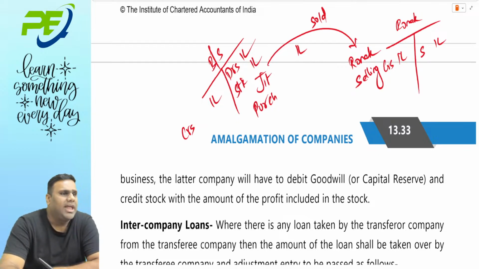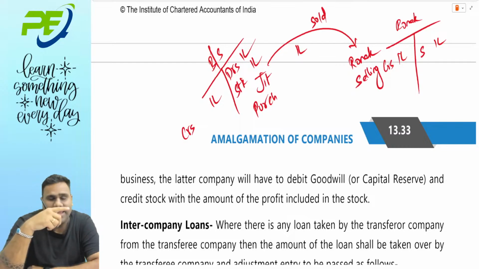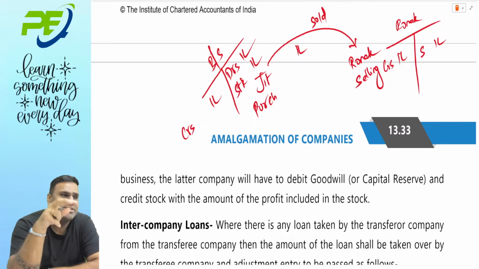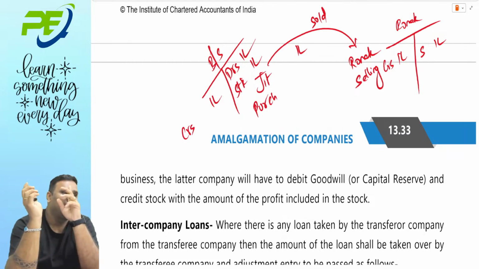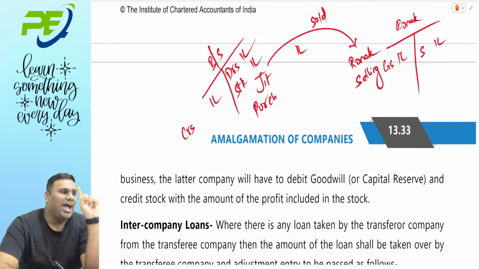Now, AS 14 is telling us these debtors and creditors no longer exist because these two are the same company. Both companies will become one.